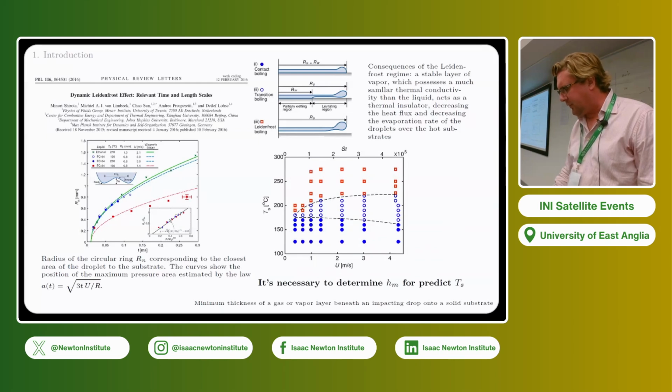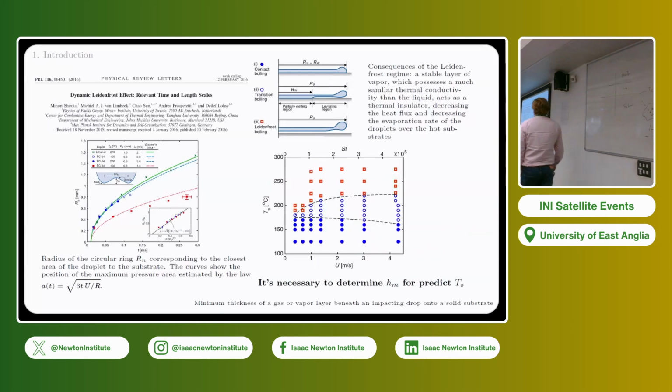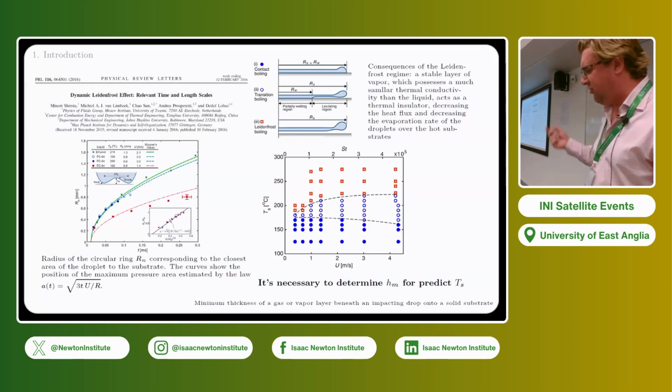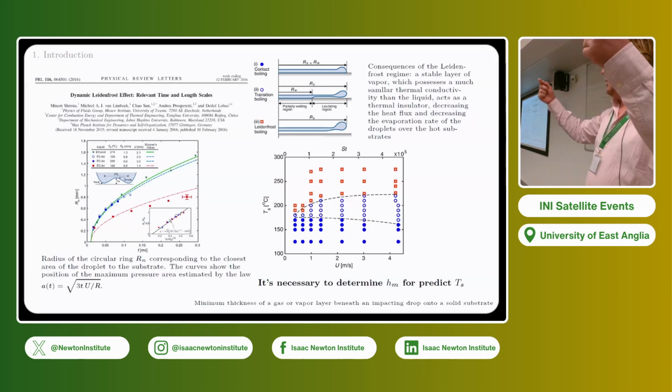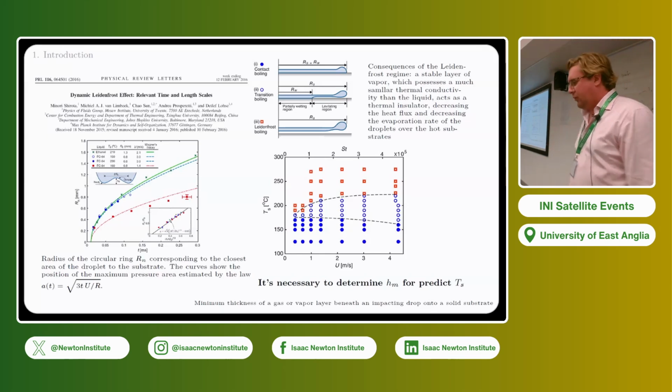They also plotted a diagram of the substrate temperature as a function of the impact velocity, and they observe the different regimes. They are able to determine the boundary for which we observe the dynamic Leidenfrost regime, so there is no contact between the drop and the solid substrate.